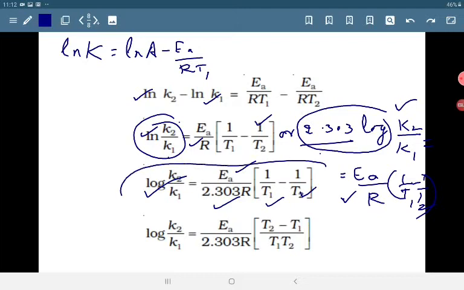This is a very important equation. Here this equation will be helpful if you have to calculate activation energy at two different temperatures, T1 and T2. This will help you to calculate activation energy when you are given two different rate constants k1 and k2 at two different temperatures T1 and T2.